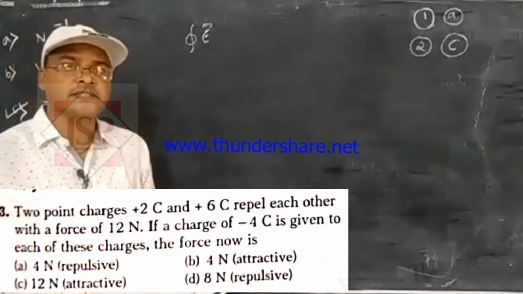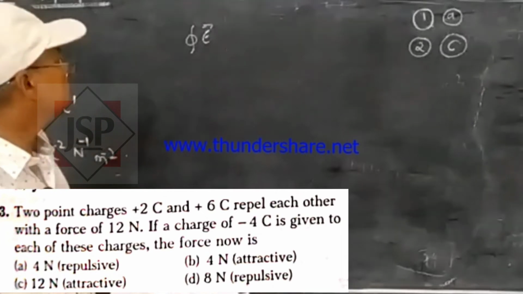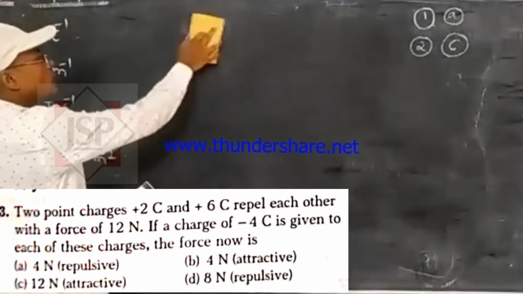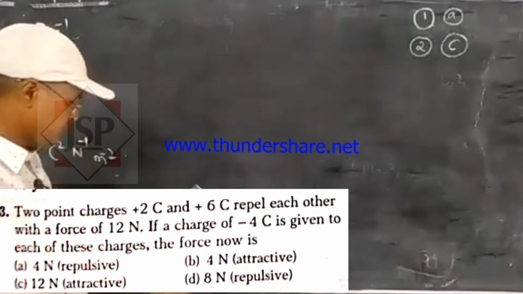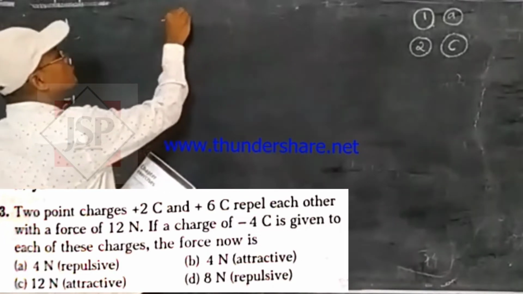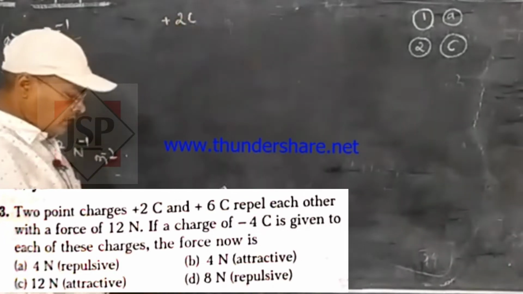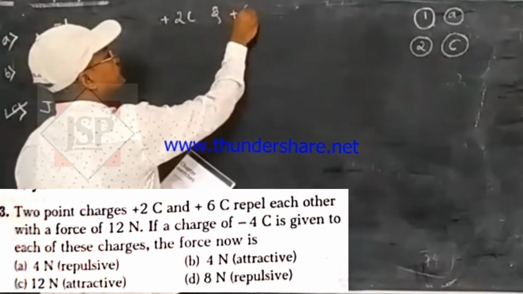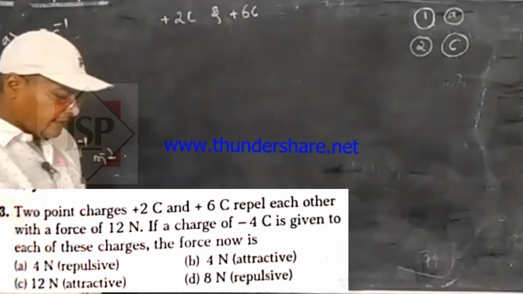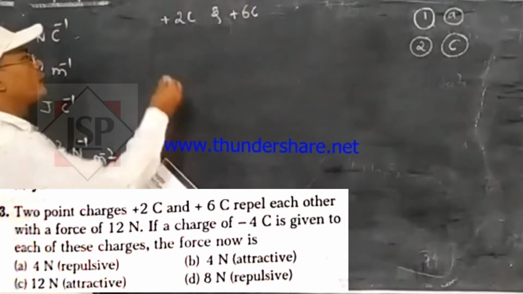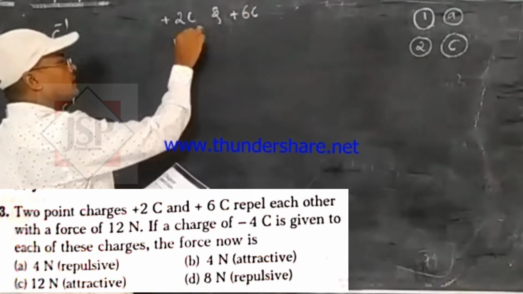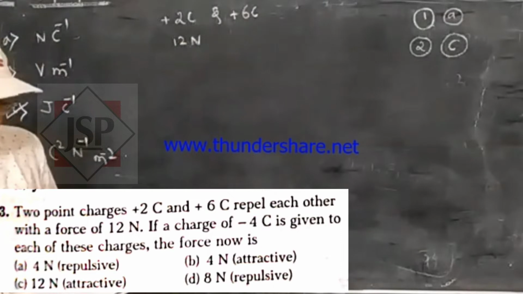Two point charges, plus 2 coulomb and plus 6 coulomb, repel each other with a force of 12 Newton.